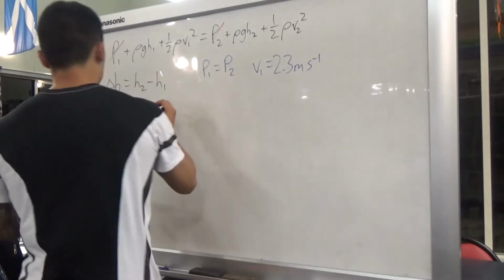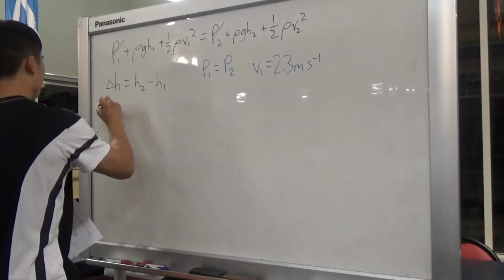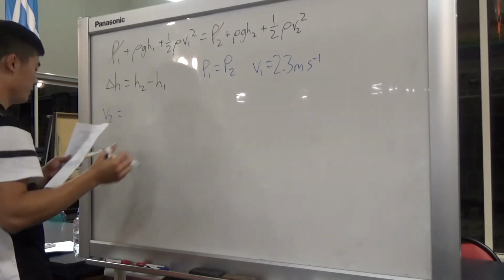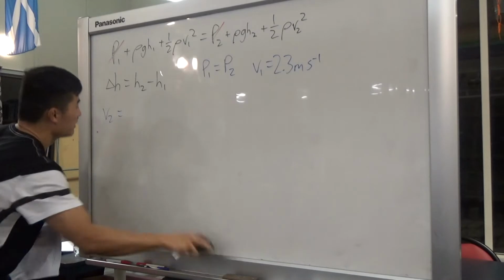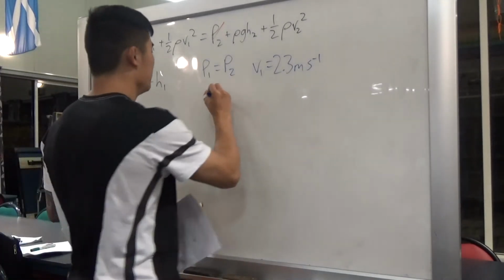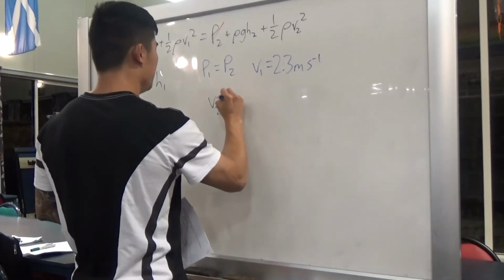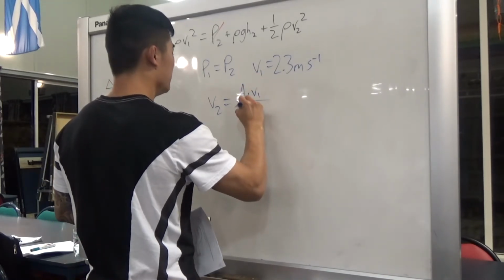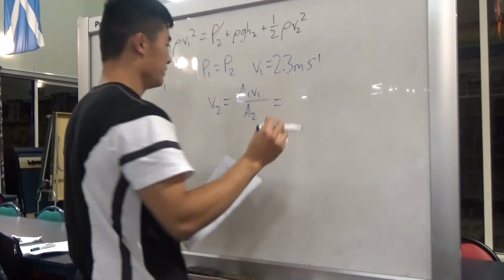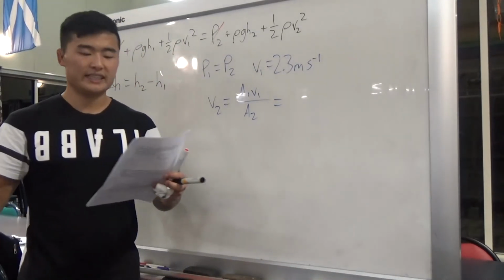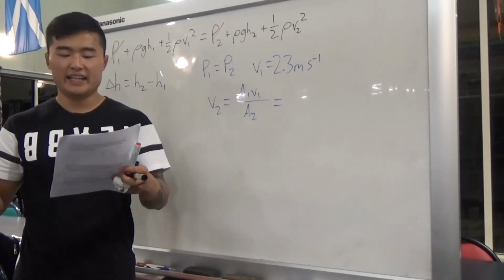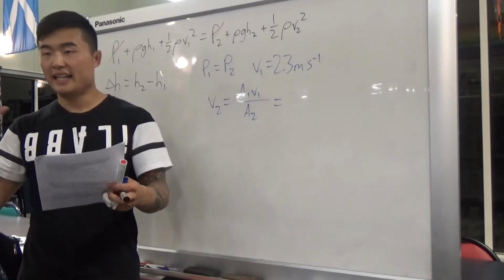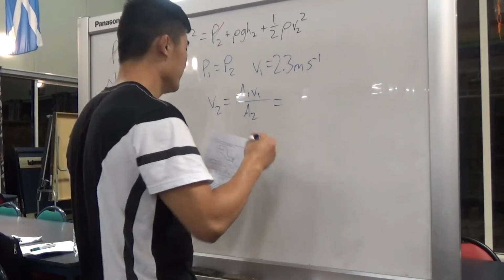So then V2 is equal to A1 V1 over A2. So they've just given us a ratio, but you can just say A1 is equal to 1 and A2 is equal to 0.75.